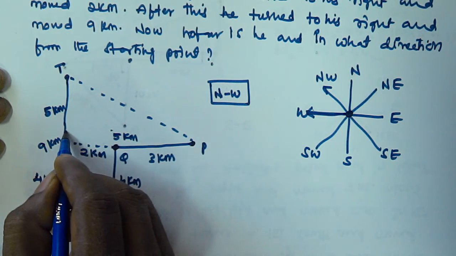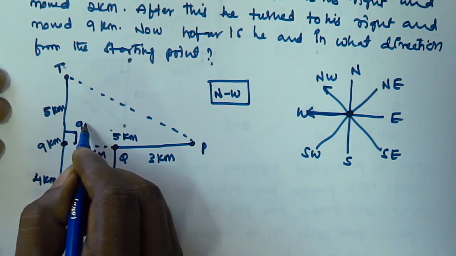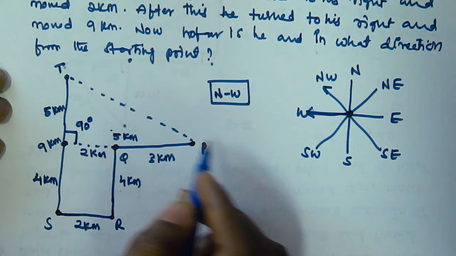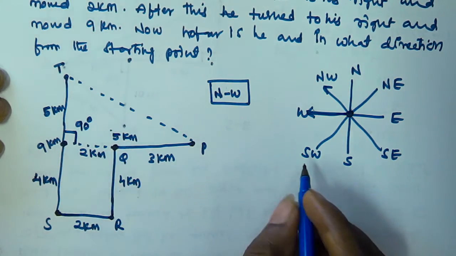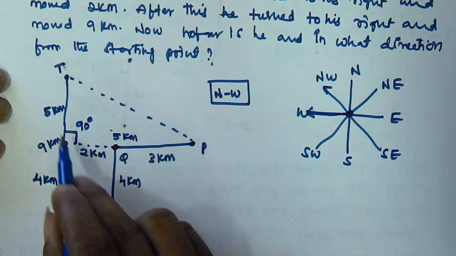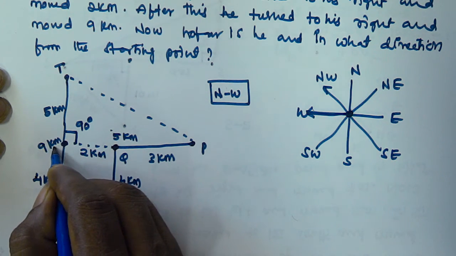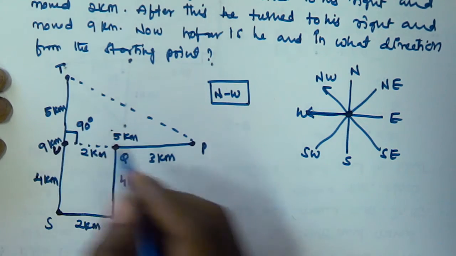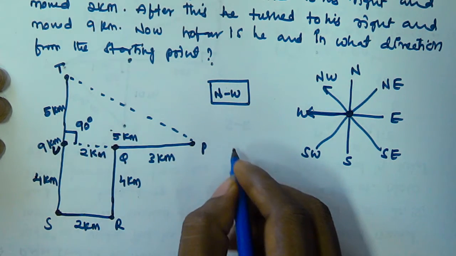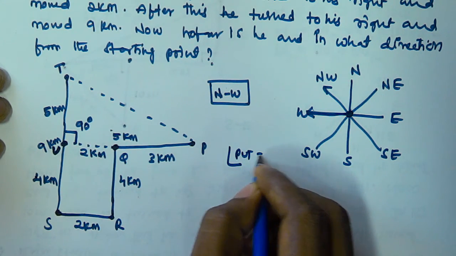Here it is a right angle triangle, making 90 degrees. So TP is the diagonal. Here you take a point U. At U it is making 90 degrees, so angle PUT is equal to 90 degrees.